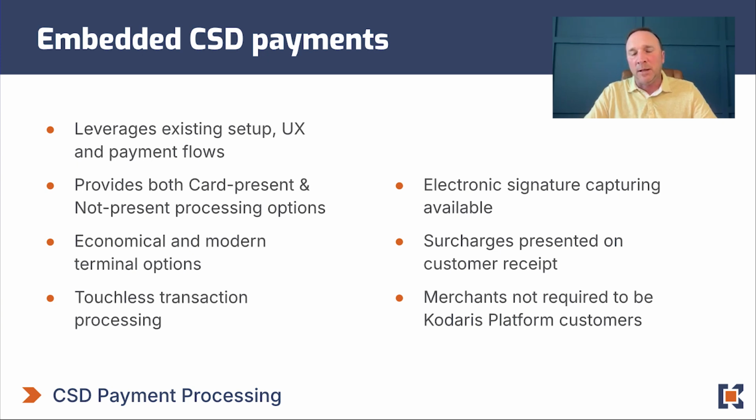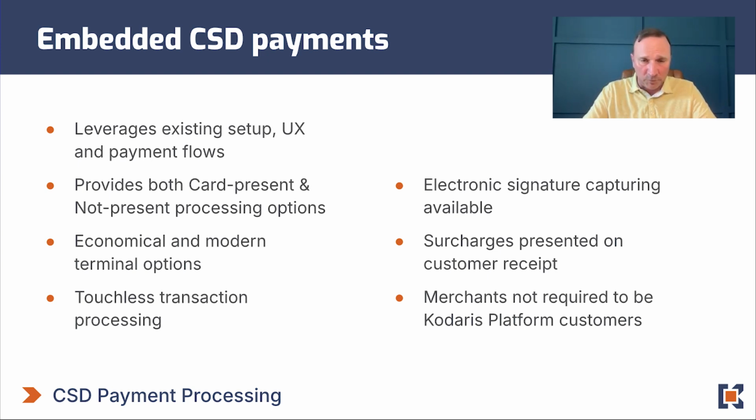So even when it's not a payment we're processing, but you just want to capture a pickup signature at point of sale or at point of order, we can use the devices to capture and store those electronic signatures back into CSD. As I mentioned, we are enabling surcharging for our customers.